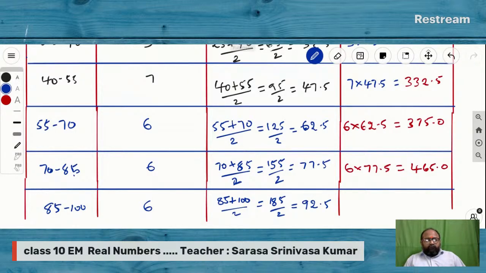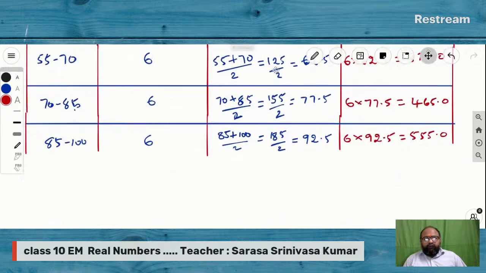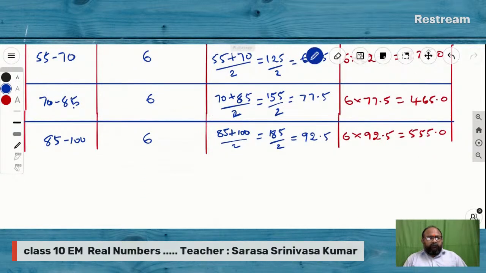Now the last column, fi multiplied by xi. So that is 6 multiplied by 92.5. This is equal to 555.0. So this is how we prepare the table.